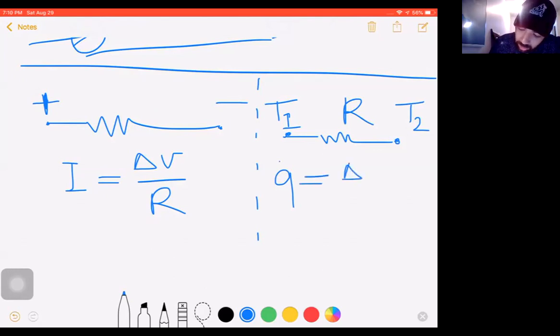So Q dot equals temperature difference over R.